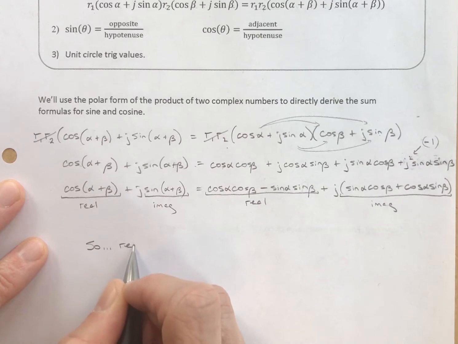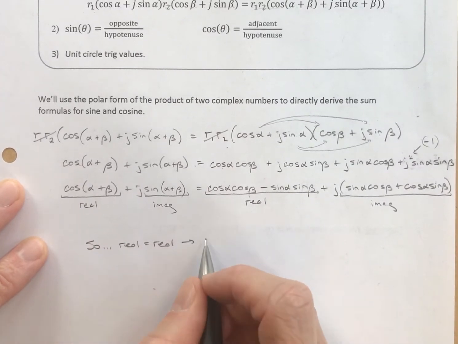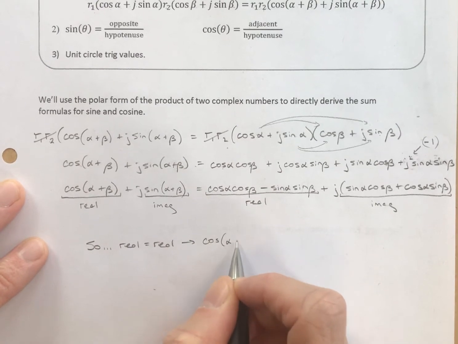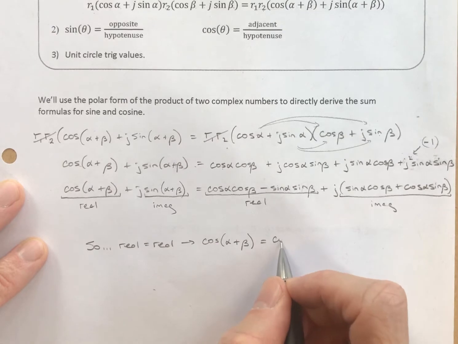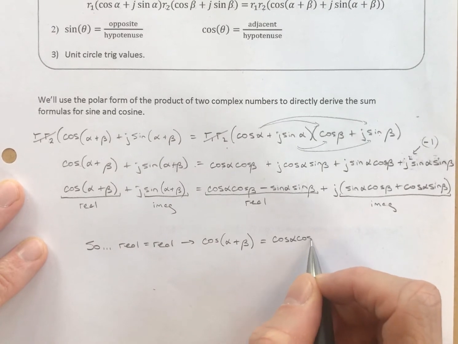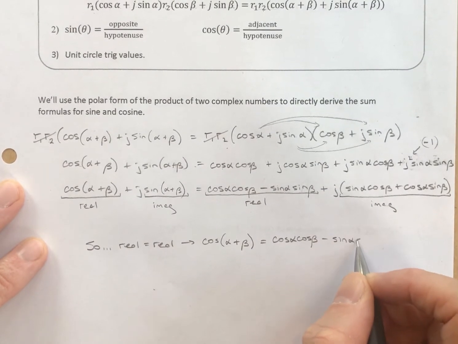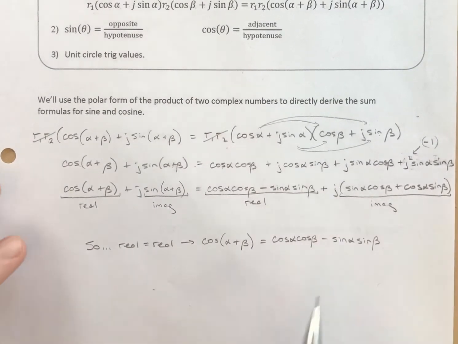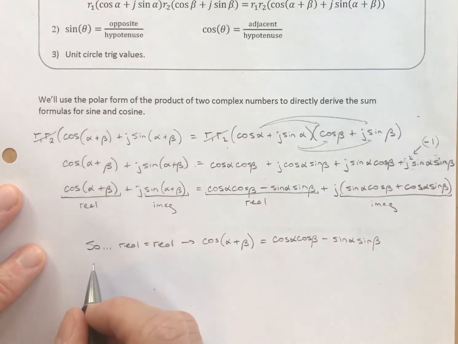So the real part equals the real part, which means that the cosine of alpha plus beta is equal to the cosine alpha cosine beta minus sine alpha sine beta. Okay?